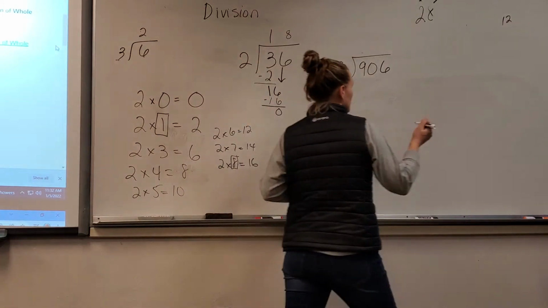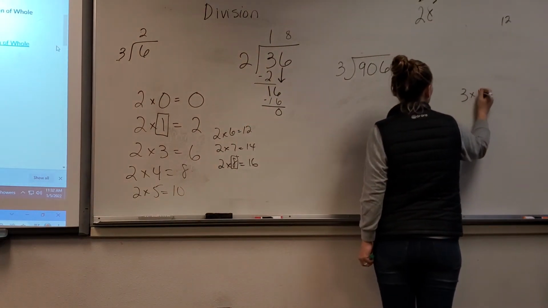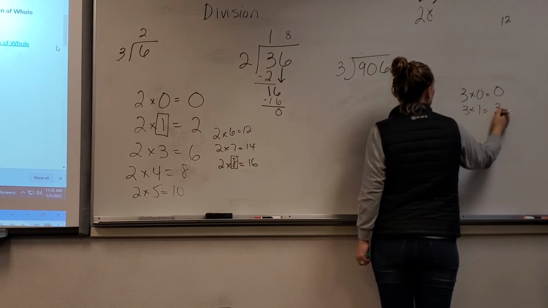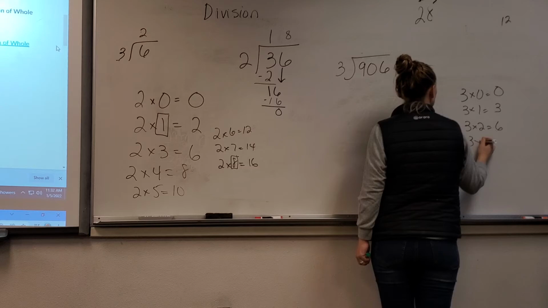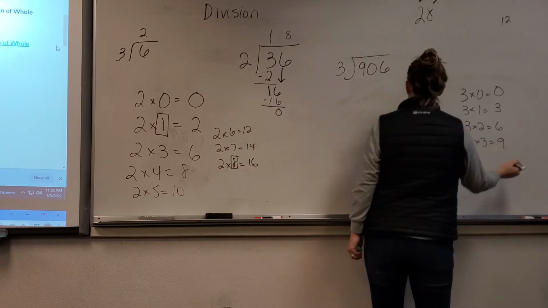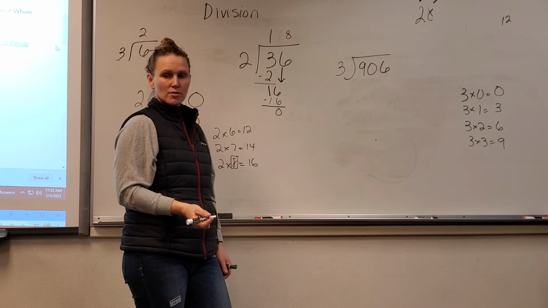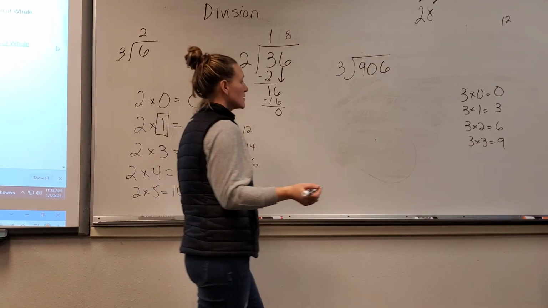Let's do our multiplication table. 3 times 0 is 0. 3 times 1 is 3. 3 times 2 is 6. So we see that 3 times 3 is 9.